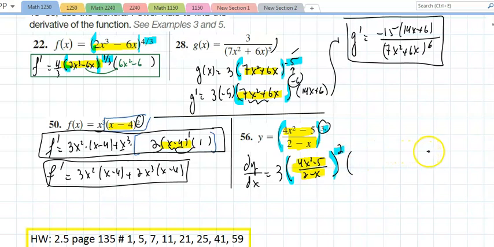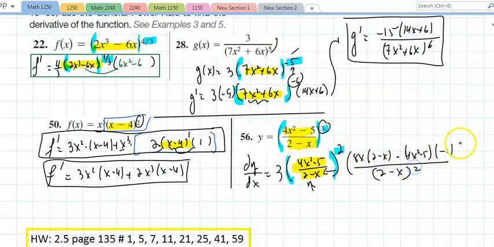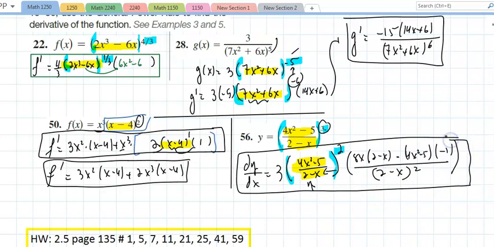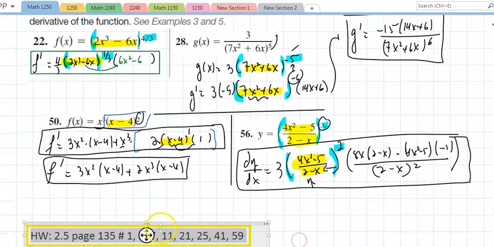Times the derivative of this. And what do we know about that? Well, that's the quotient rule. Derivative of the top times the bottom minus the top times derivative of the denominator all over the denominator squared. And again, this is good enough. I really don't need you to clean that up for now. Just practice finding those derivatives.